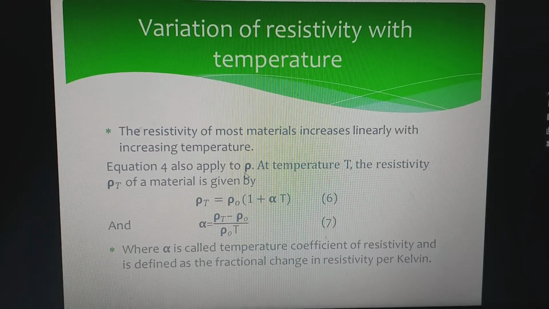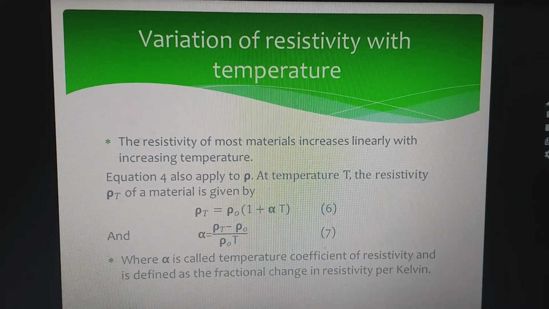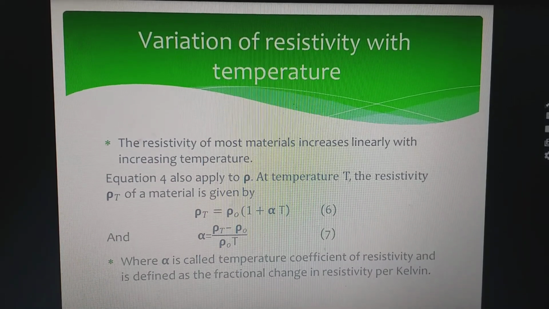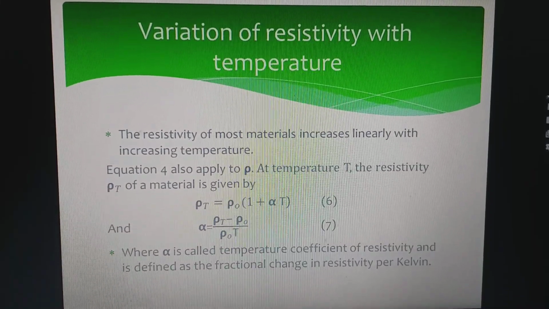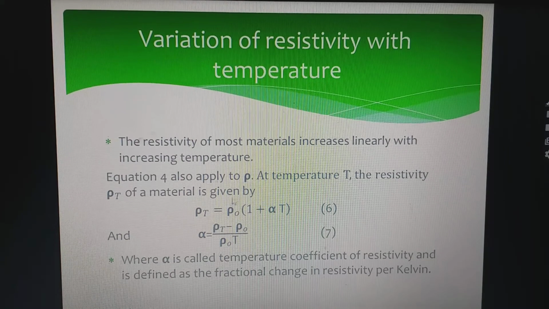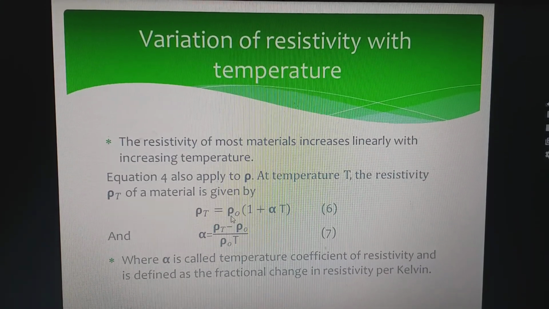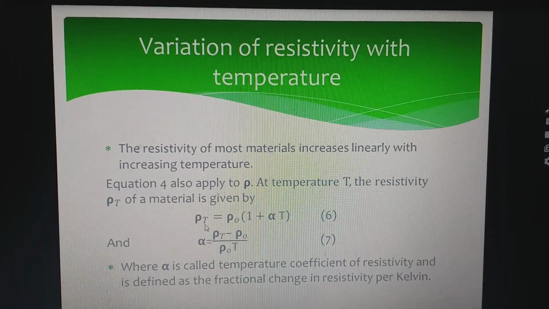Alright, and when temperature rises to T degrees Celsius, then what would be the resistivity? Rho T. So here rho naught and rho T are giving you the values of the specific resistance at 0 degree Celsius and T degree Celsius.